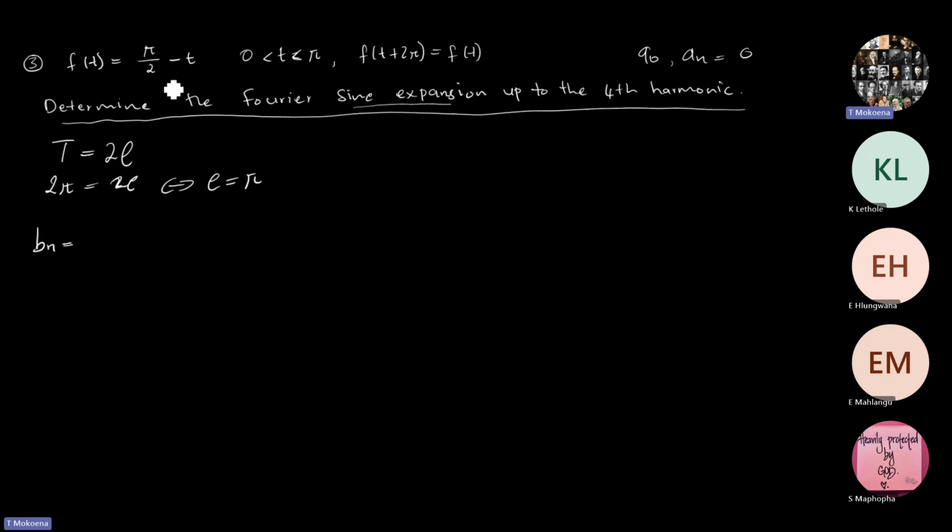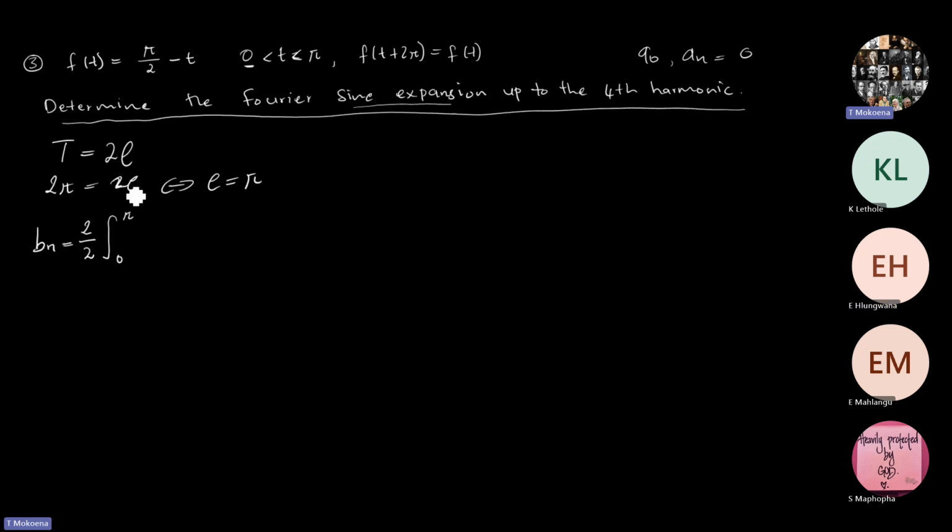B sub n, this is the half-range function because it's either odd or even. So once more, we write 2 over L, our L is 2, don't forget that. The integral with lower bound 0 and upper bound pi.